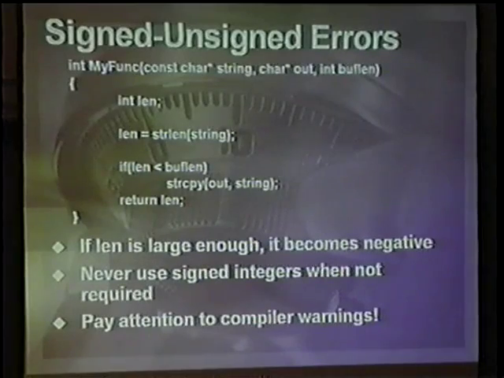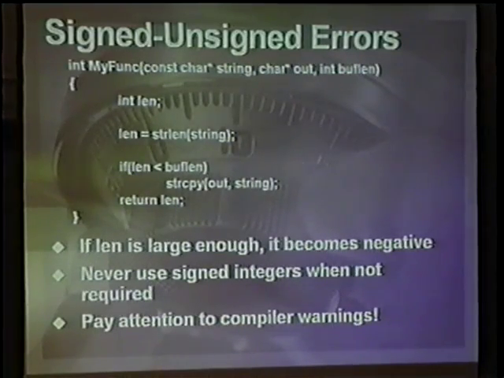Okay. And you can also run into problems where you cast things to a signed integer when it really shouldn't be cast to a signed integer. So we're going to take the length of the string here and pop it into len, and we've got buff len here.